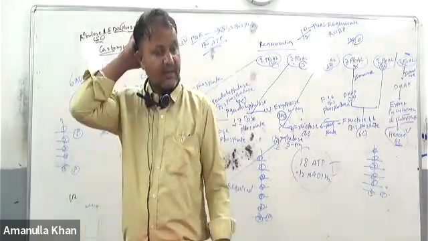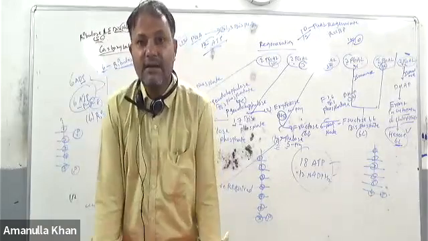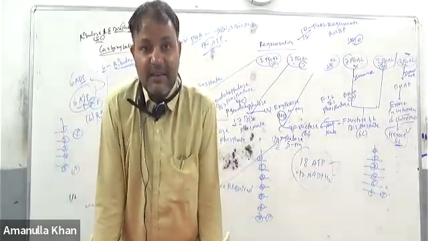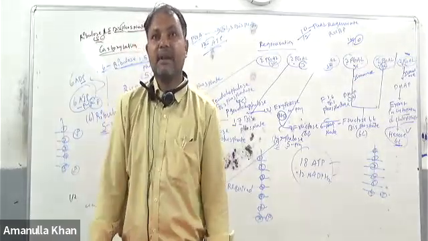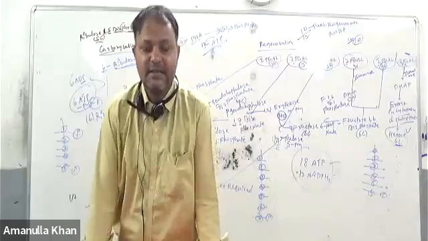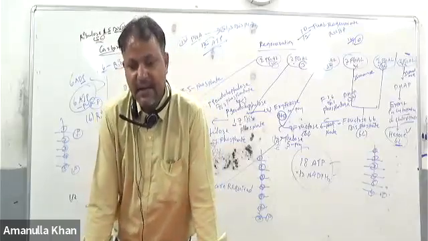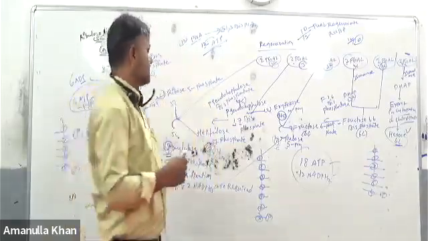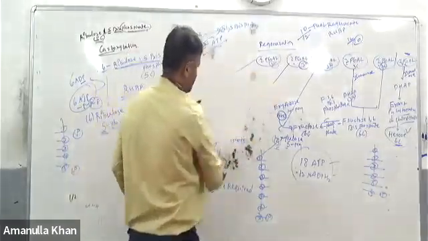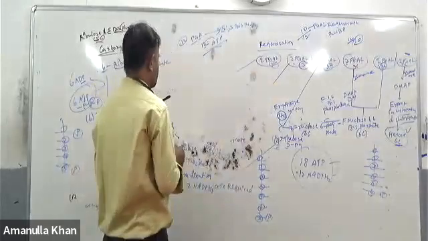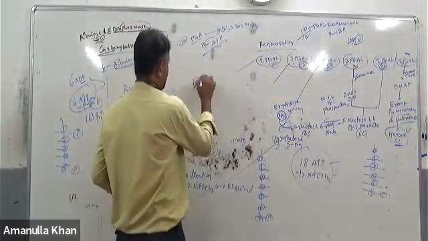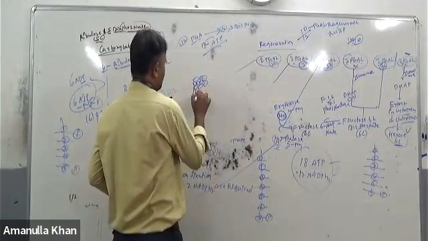And these C4 plants have a special anatomy. Which anatomy? Leaf anatomy. Here vascular bundles are surrounded by the bundle sheath cell. You know the vascular bundle, xylem and phloem. For example, these are the phloem, and these are the xylem.